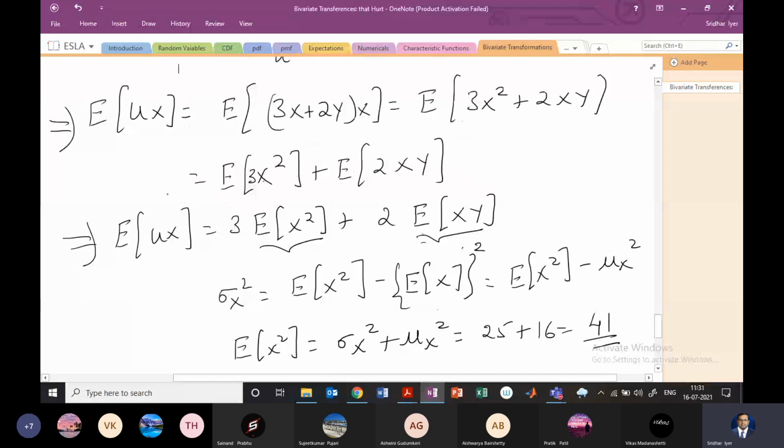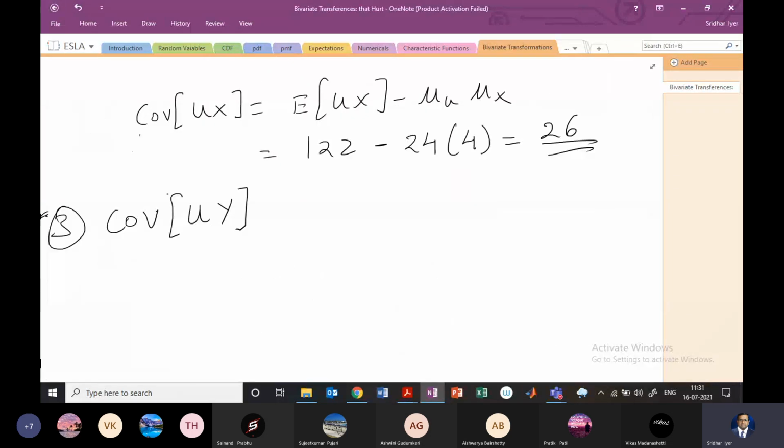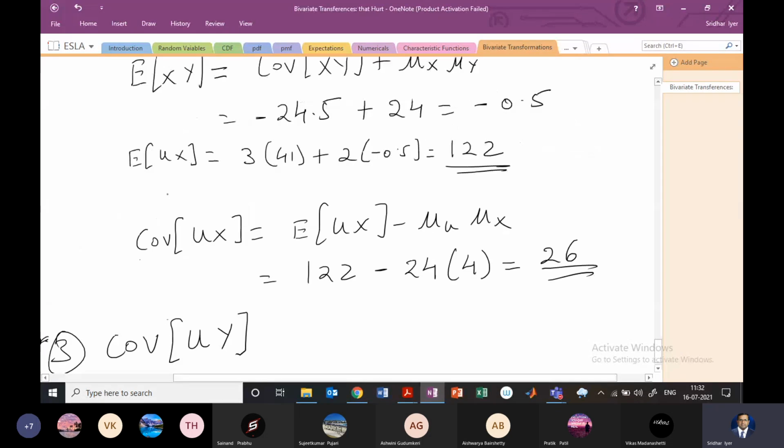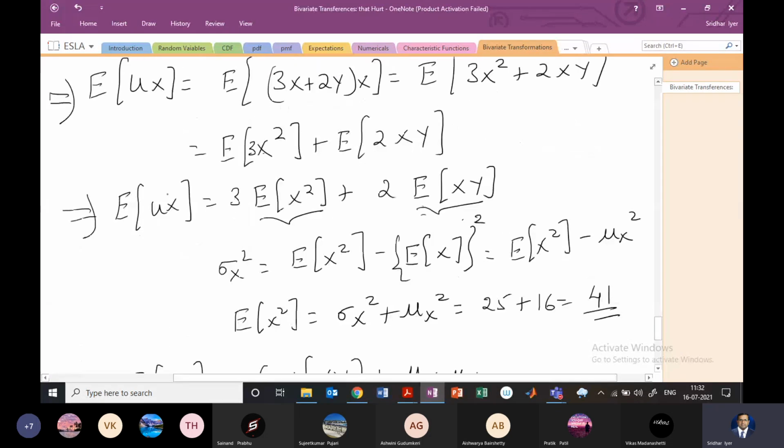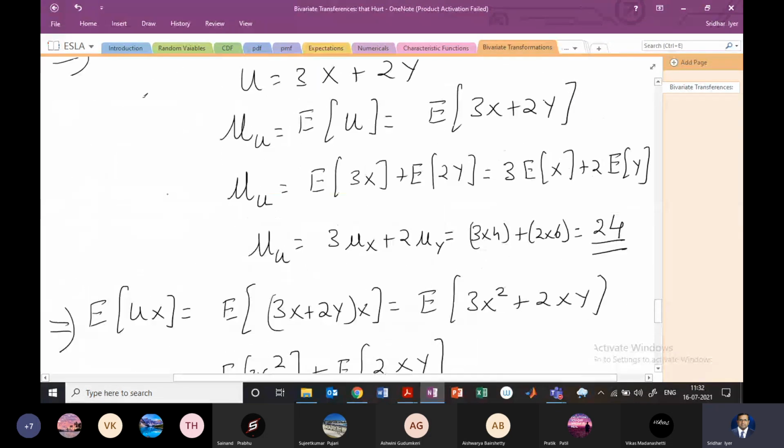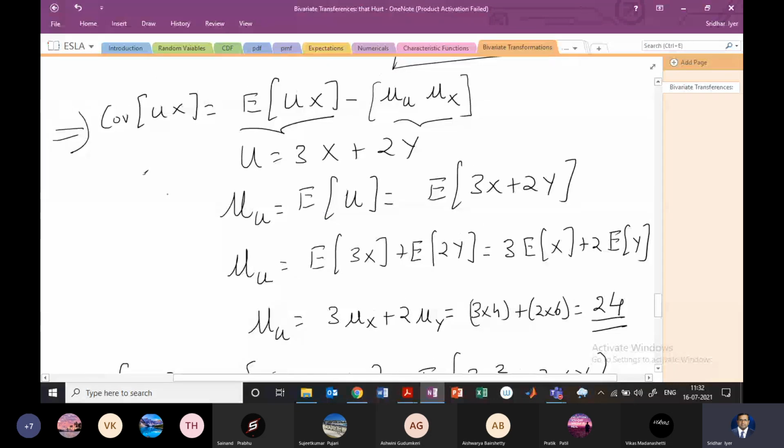So take a minute to solve it, and after a minute, I'll also start solving. I'll just need to find covariance of uy. I'll scroll up. This is how you need to find it. Covariance of ux was found like that. Instead of ux, adjust the right-hand side that way.